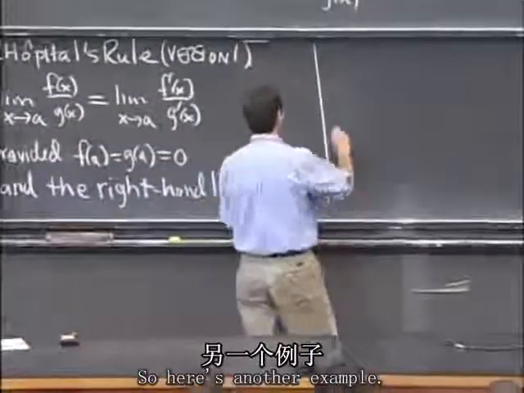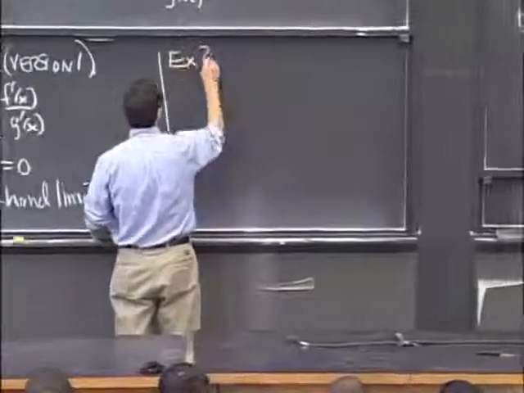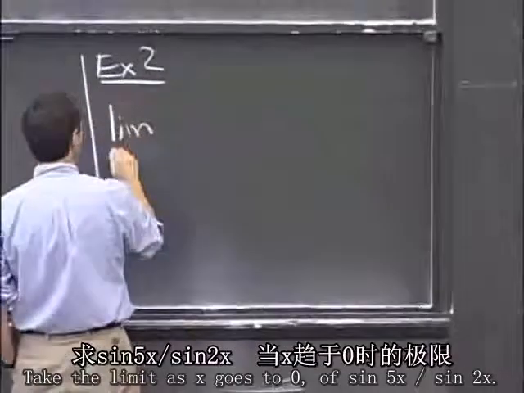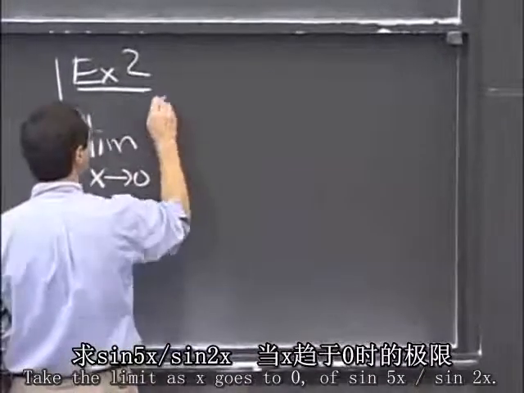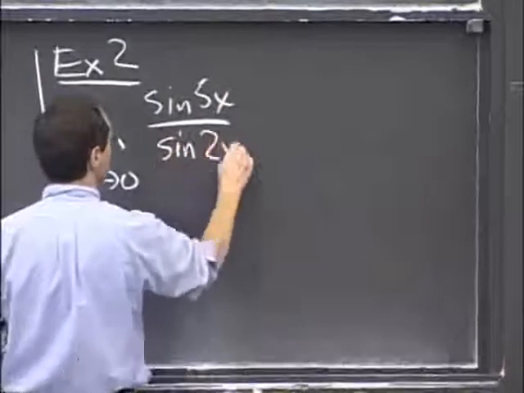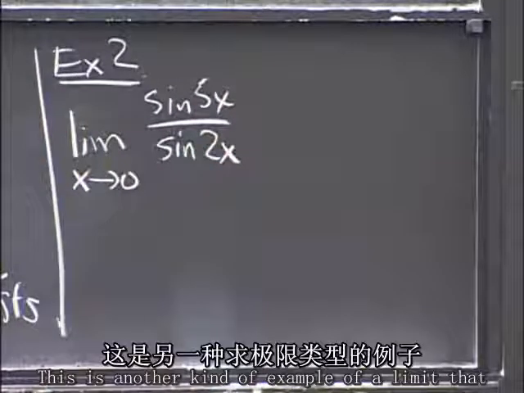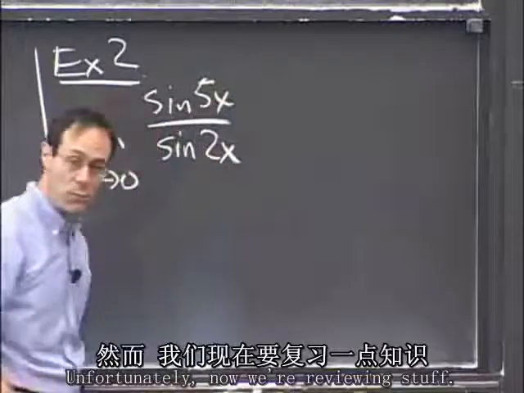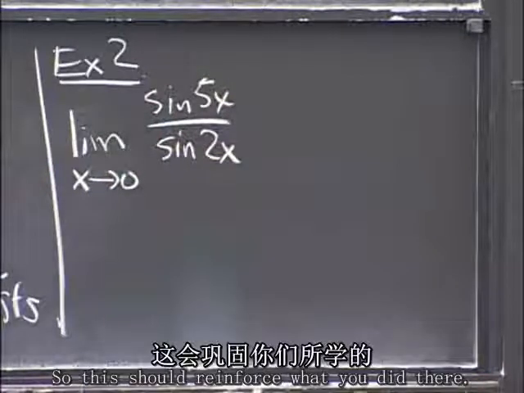So here's another example. Take the limit as x goes to 0 of sine 5x divided by sine 2x. This is another kind of example of a limit that we discussed in the first part of the course. Unfortunately, now we're reviewing stuff, so this should reinforce what you did there.